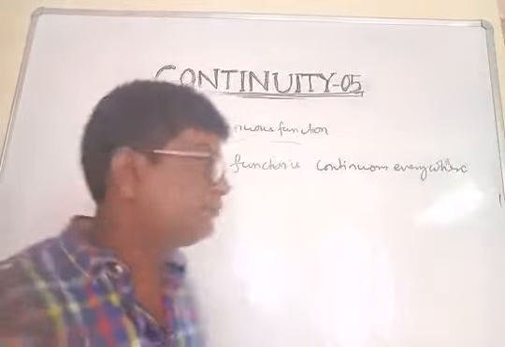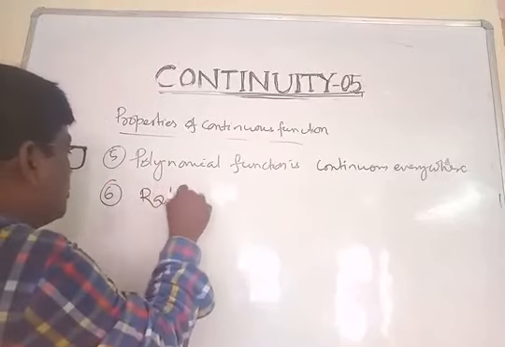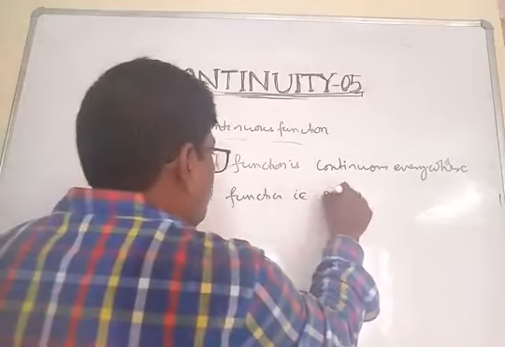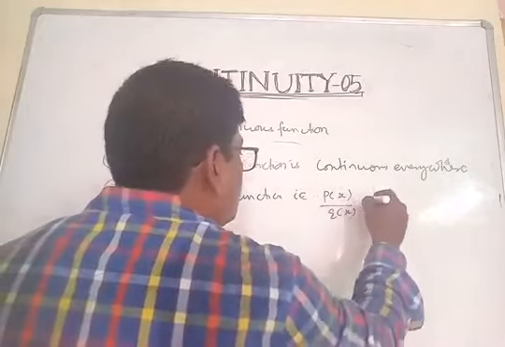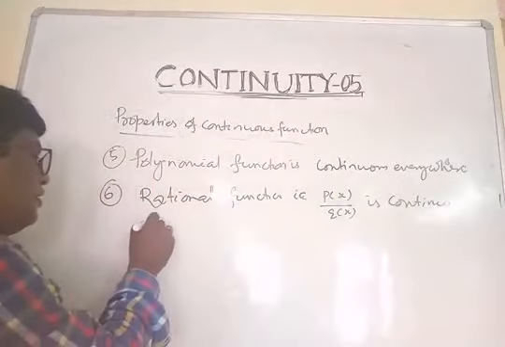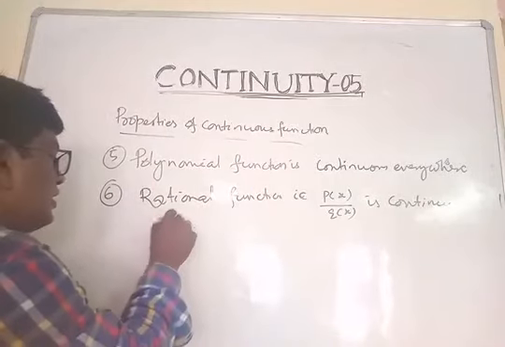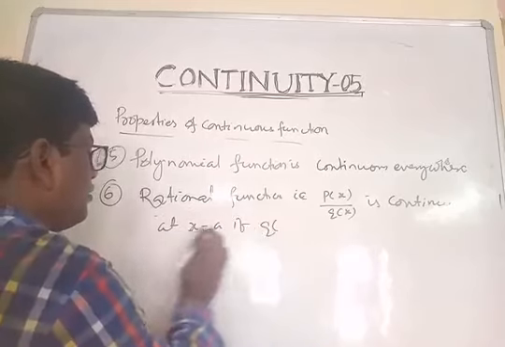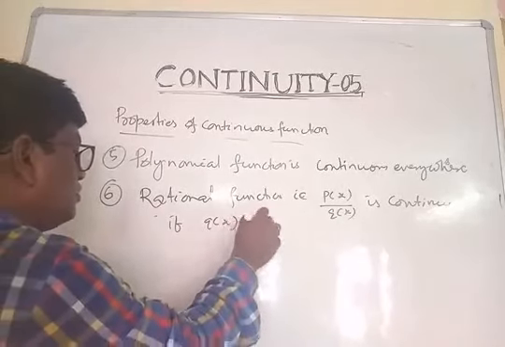Number 6, rational functions, that is p of x by q of x, is continuous at x is equal to a if q of a is not equal to 0, that is, if q of x is not equal to 0.